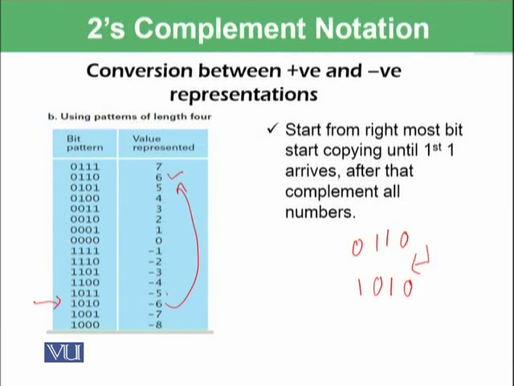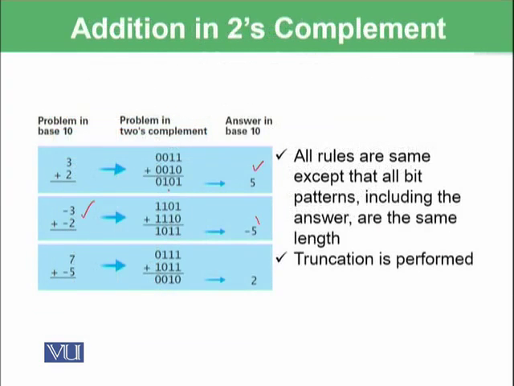On the previous slide, 1011 is representing -5, and then 7 plus -5 is giving you 2. That is perfect. So all rules are the same, except that all bit patterns, including the answer, are the same length.